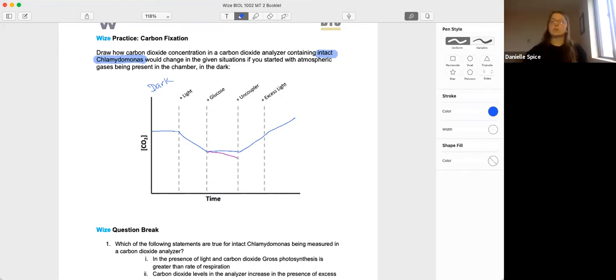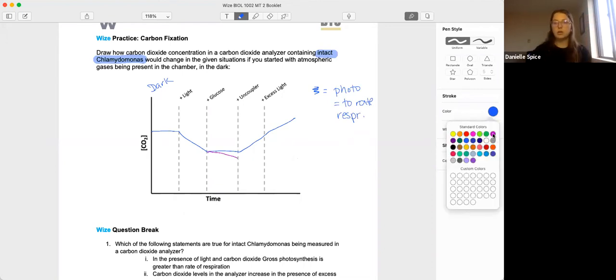Asking if I could explain the glucose, 100%. So blue is when our photosynthesis is equal to our rate of respiration. And that's why our CO2 levels don't change.